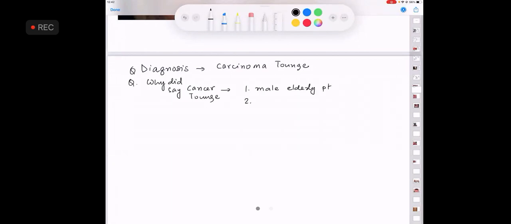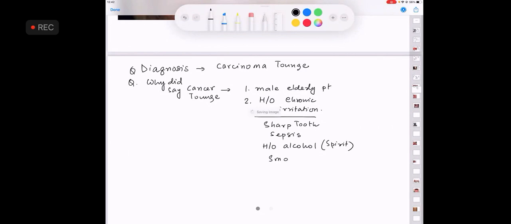Point number 2, the patient has a history of chronic irritation in form of a sharp tooth, oral sepsis, history of alcohol consumption, we call it as spirit, and the patient is a long-term smoker.